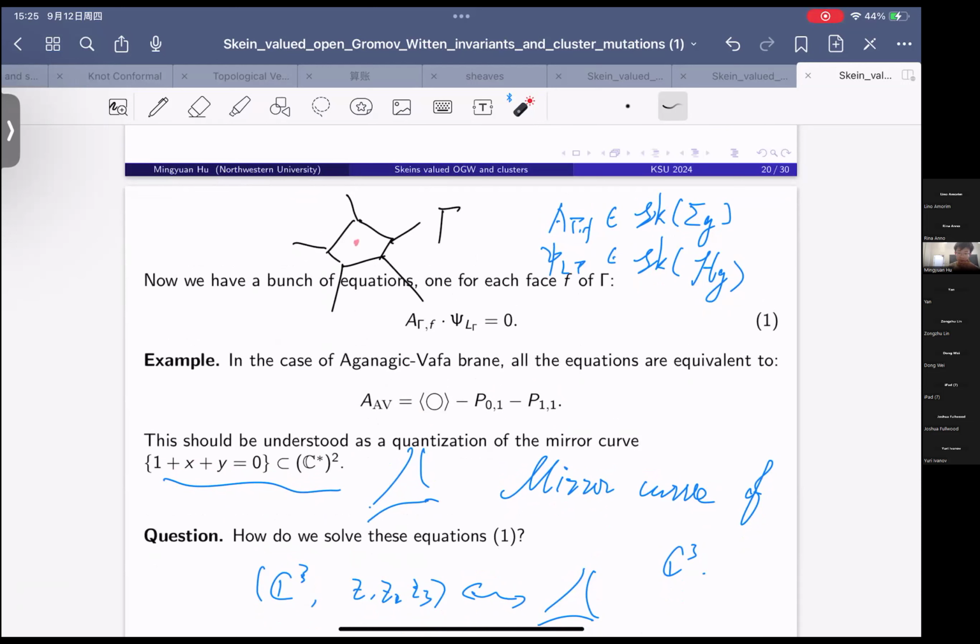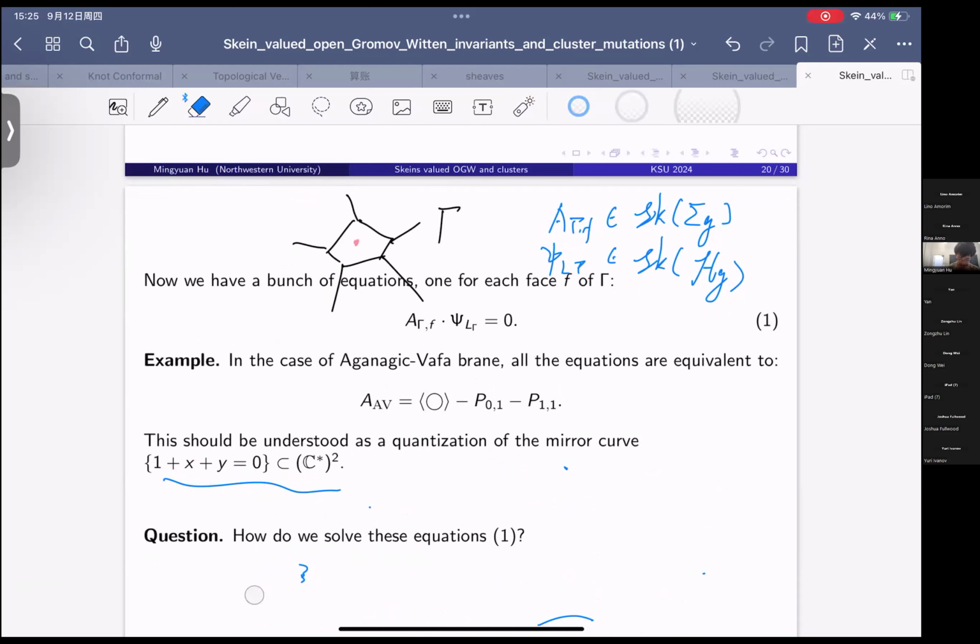Can you do it for any spectral curve in C star squared? Sorry, what was it? This is a very particular case. For the quantum curve, it is possible because we can write down the equation and then just quantize it. But for skein, we don't know.